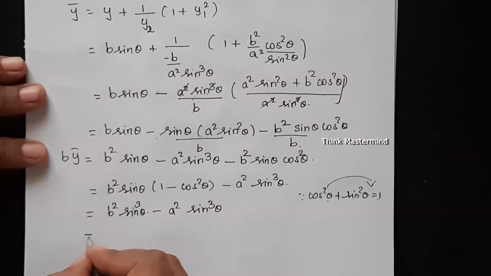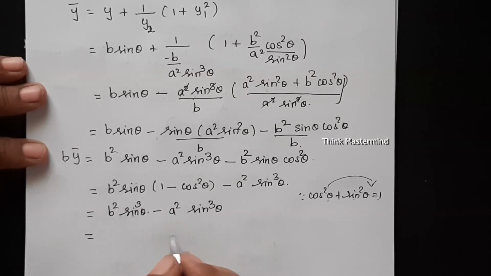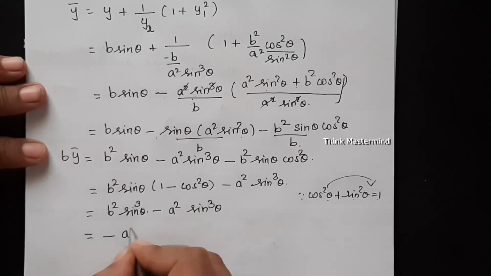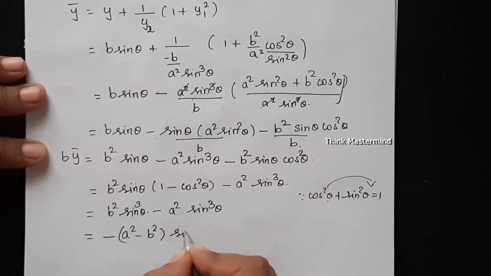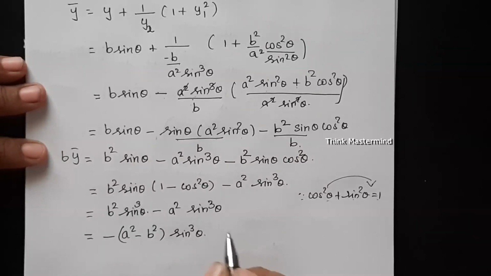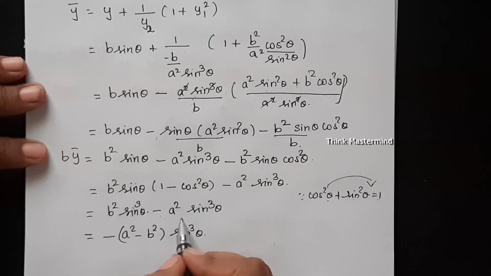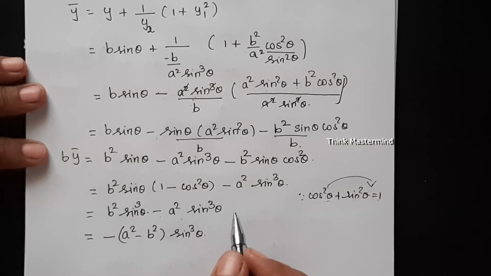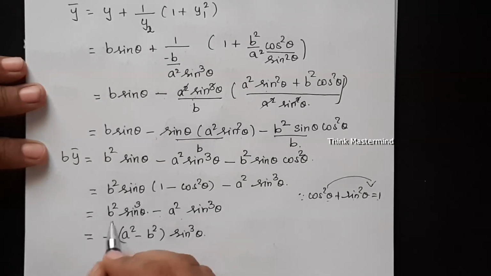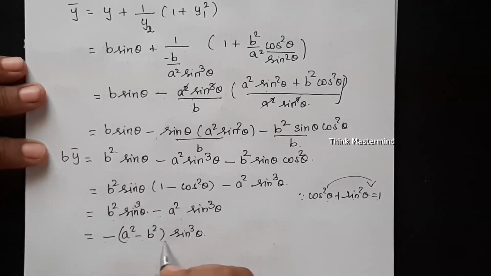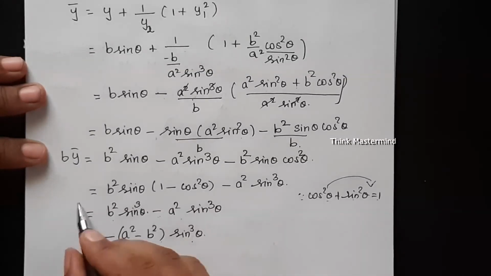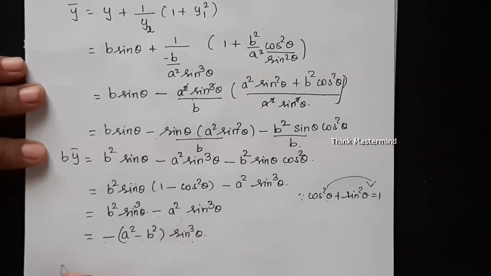Now I am taking sin cube theta commonly outside and a minus, that is minus (a squared minus b squared) into sin cube theta. Why am I taking minus outside? In equation 1 we have a squared minus b squared, so I want a squared minus b squared, so I am taking minus outside.